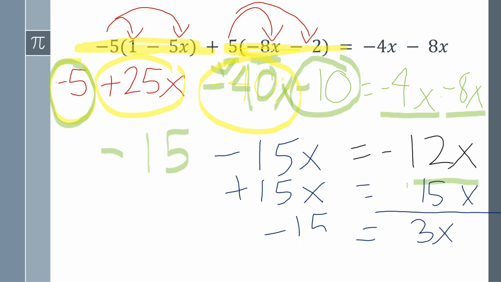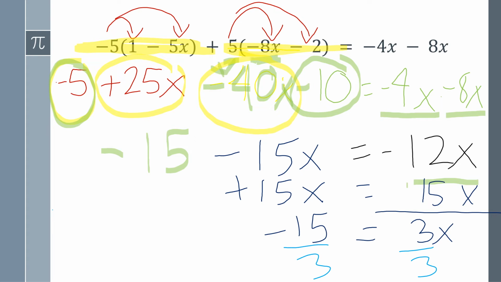Negative 15. So x equals negative 15. Hold up, let me pause that for a second because I need for you guys to understand that next step. So be very careful about it. So guys, to get x, you got to divide by 3.